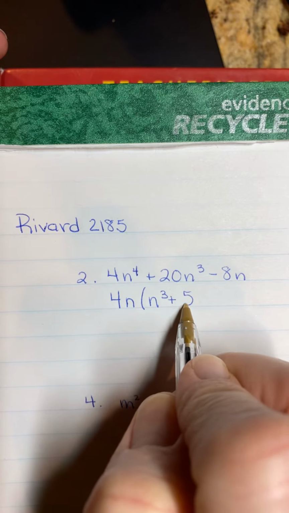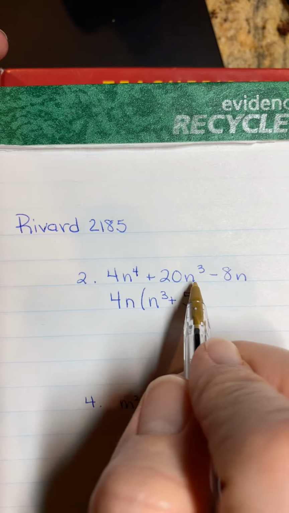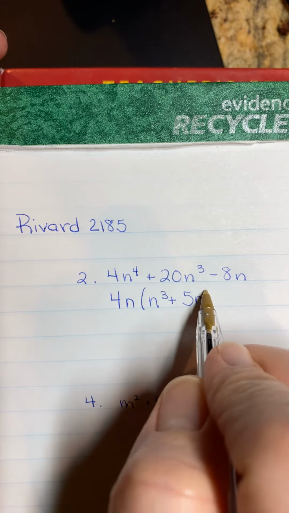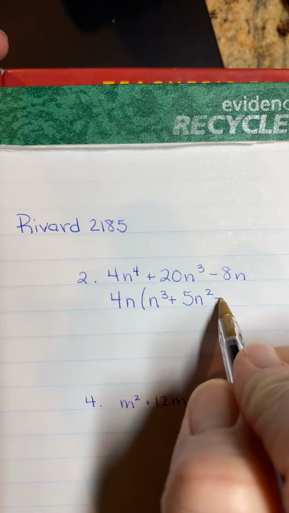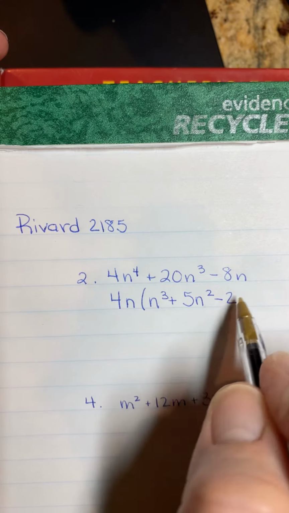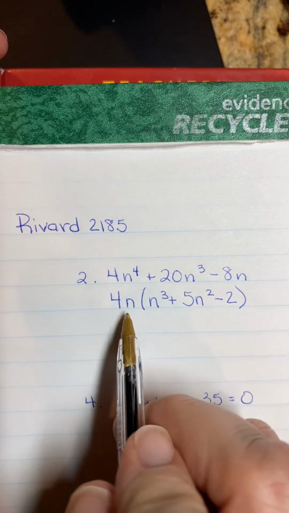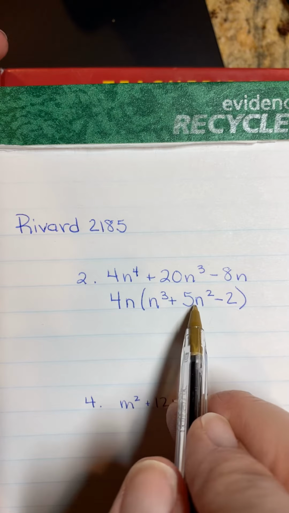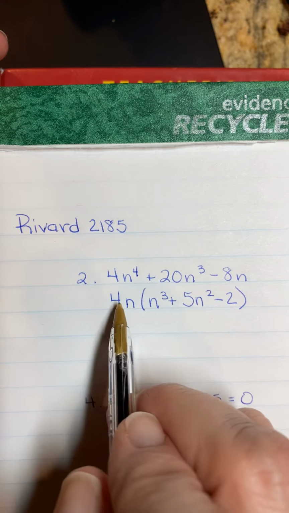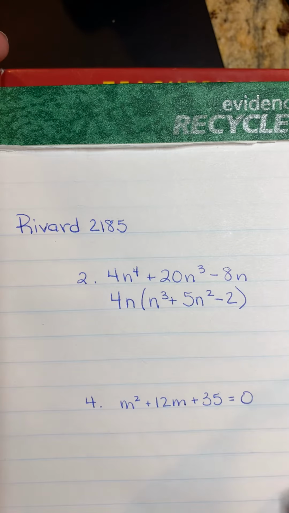That would be 5. N times what would give us n cubed? That'd be n squared. 4 times what is 8? 2, and then our n is already there. So if we distributed this, we get 4n to the 4th plus 20n cubed minus 8n. Checks out.